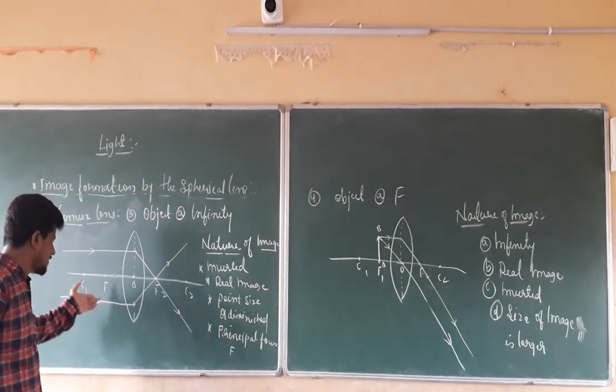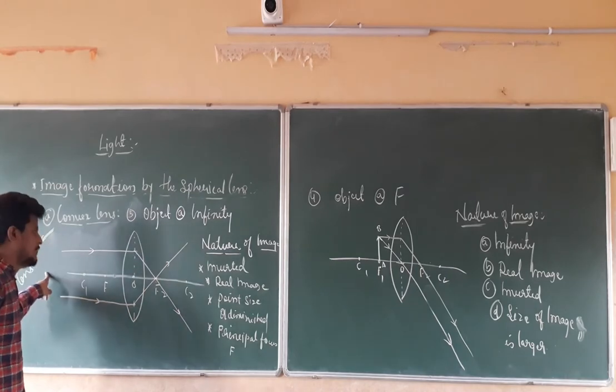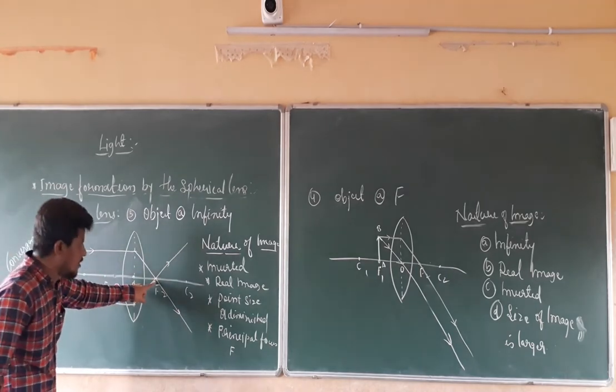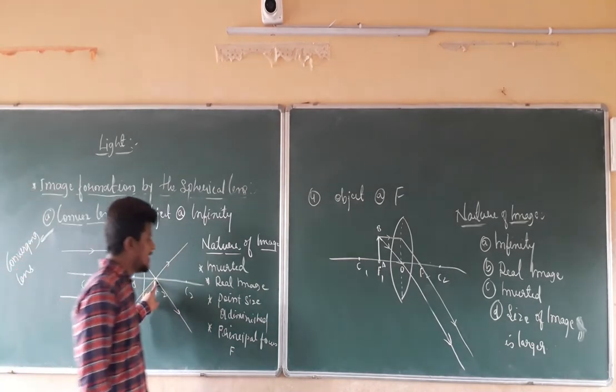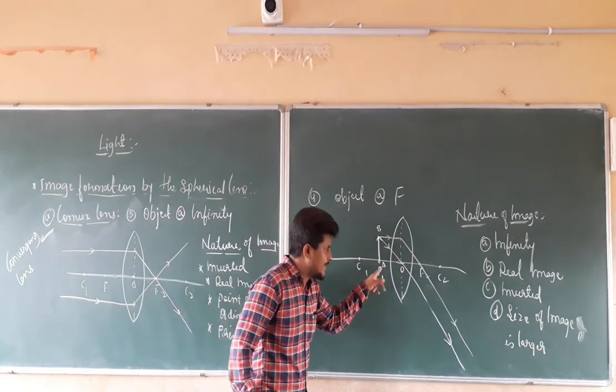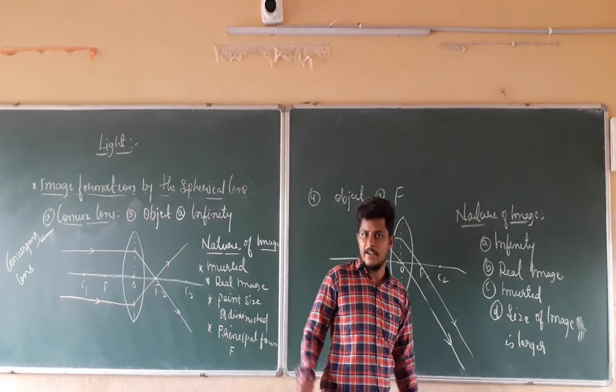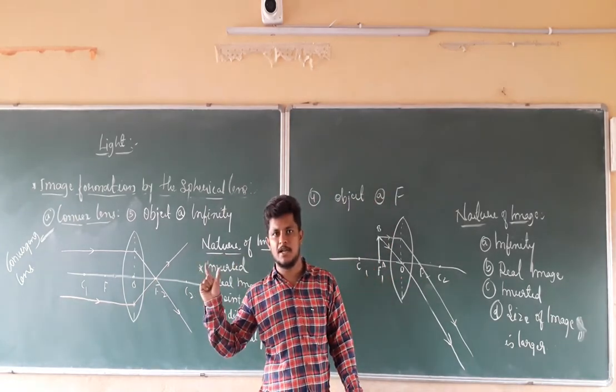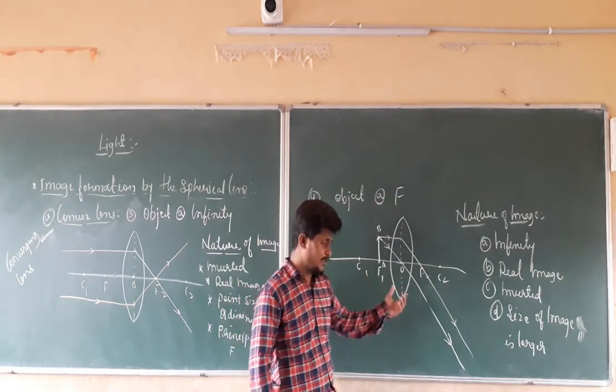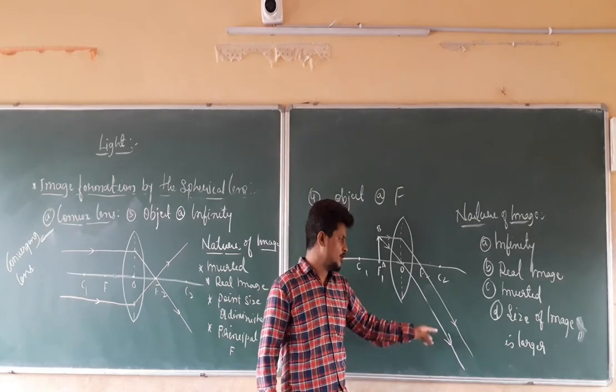In this ray diagram, the object is kept at infinity and the image is forming at F. When the object is kept at F, the image is forming at infinity. If we interchange the positions of the image and object, the position of the image is interchanged.